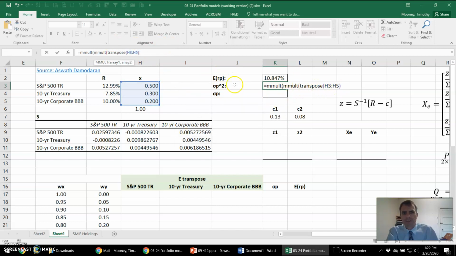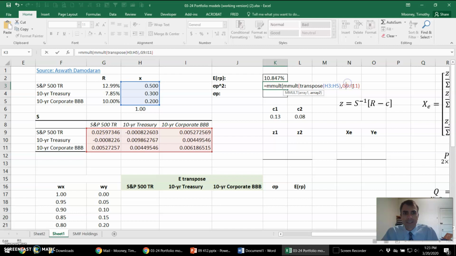So MMULT of X transpose, and then S is the next argument. Close that out. This inner MMULT function says take X transpose and multiply it by S.